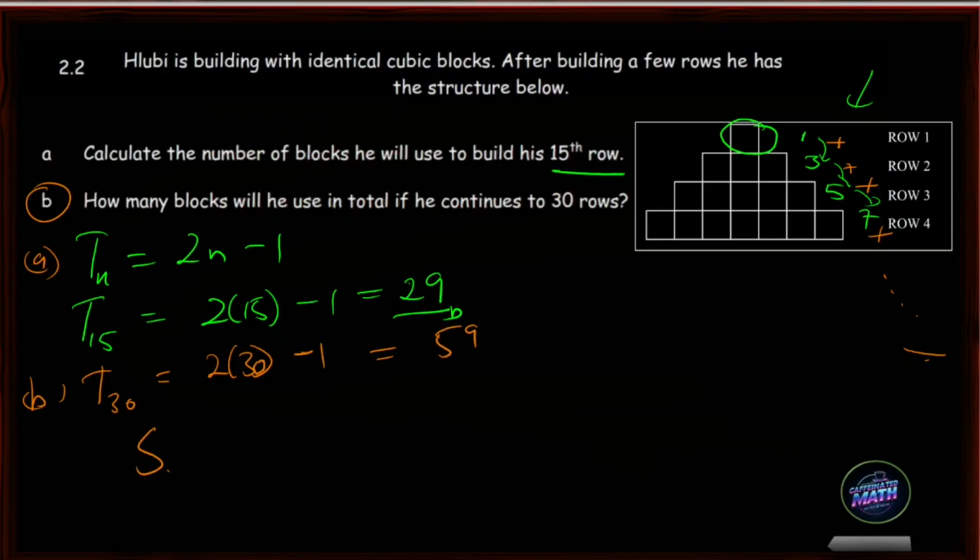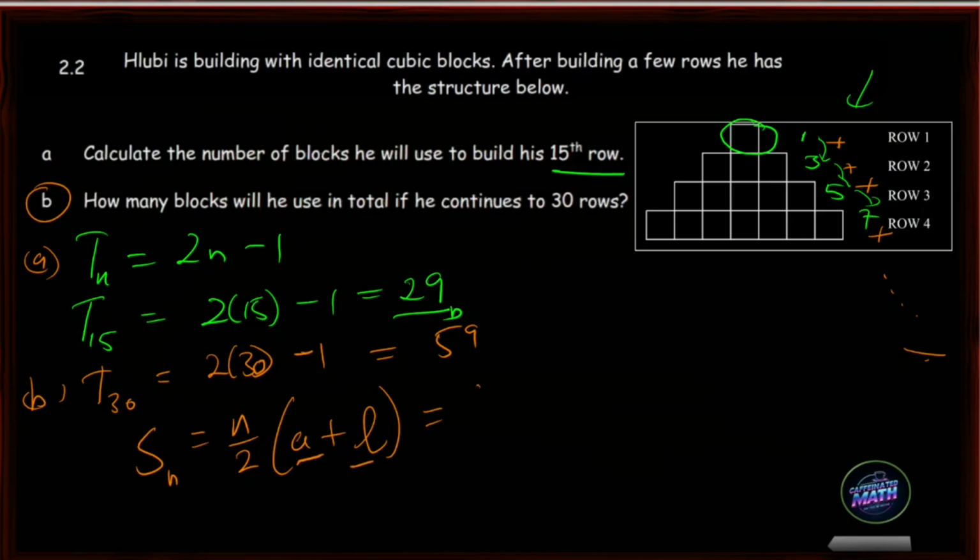So the sum up to 30 rows is going to equal, well, n over 2. Let's generalize that first. We know if we want to summate all those rows, it's n over 2 multiplied by the first term added to the last term.